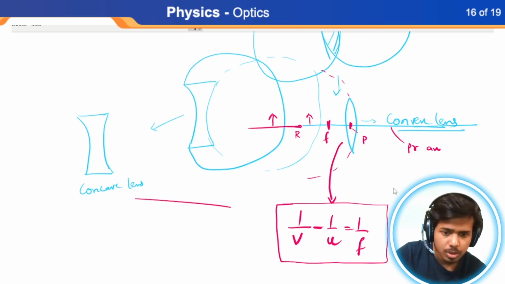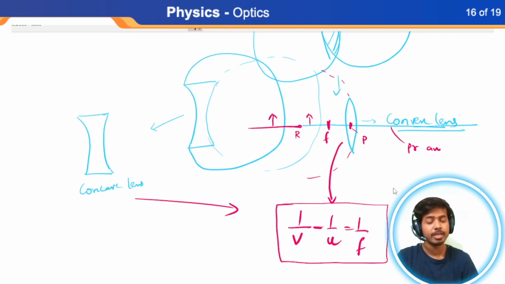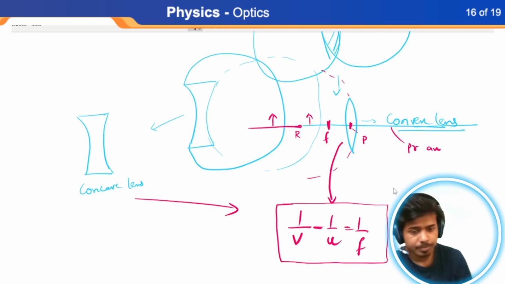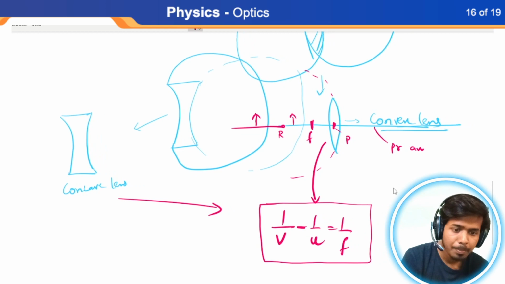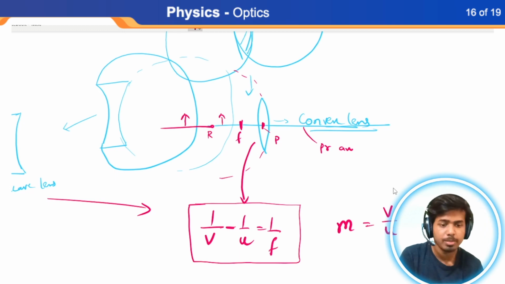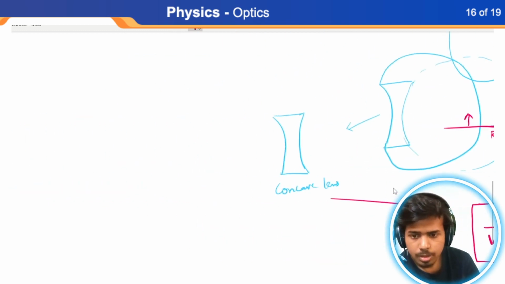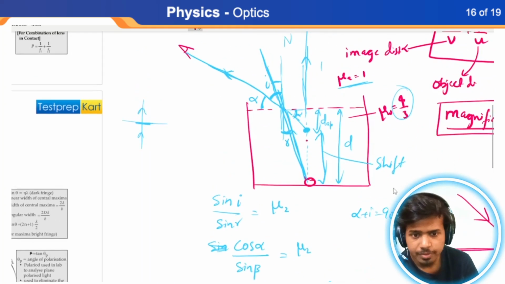This is applicable for both concave and convex lens in the same manner that the mirror formula was applicable for both concave and convex mirrors. And magnification in this case, you already know the term magnification, is going to be v by u, not minus v by u. All right, lateral magnification, if I can say so.